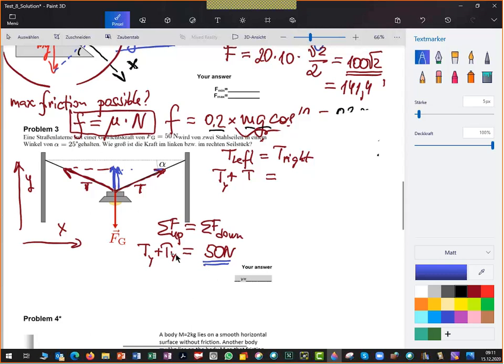If you think about this, you would agree that Ty on the left side and also Ty on the right side are both equal to 25 Newton.